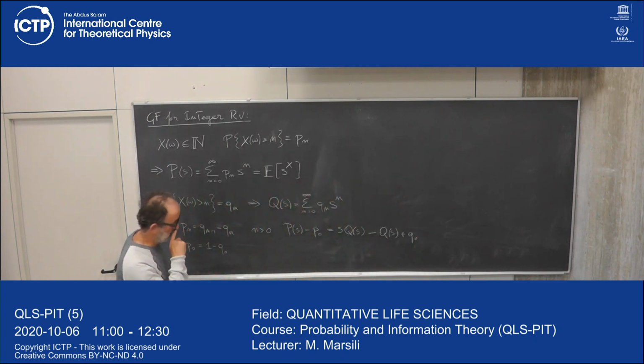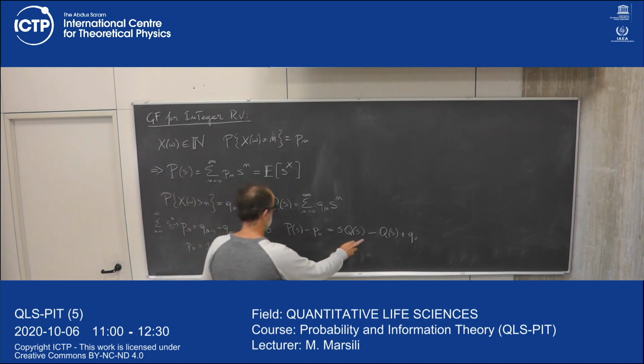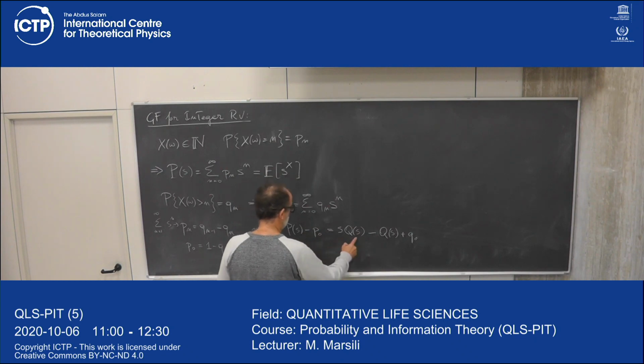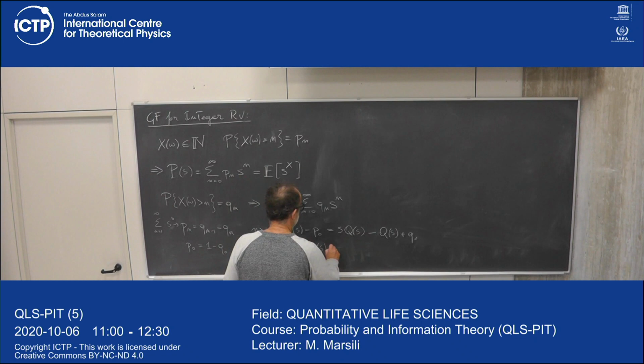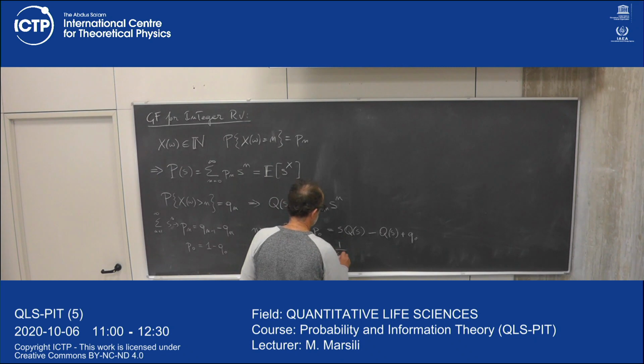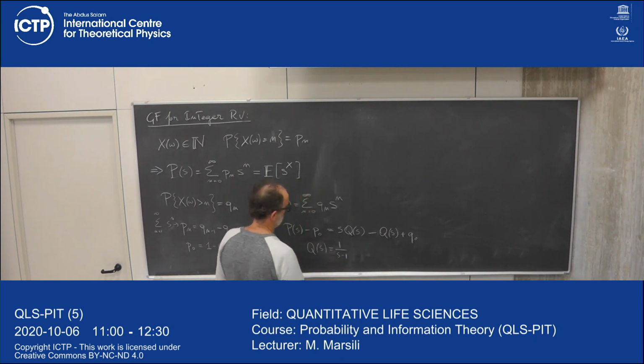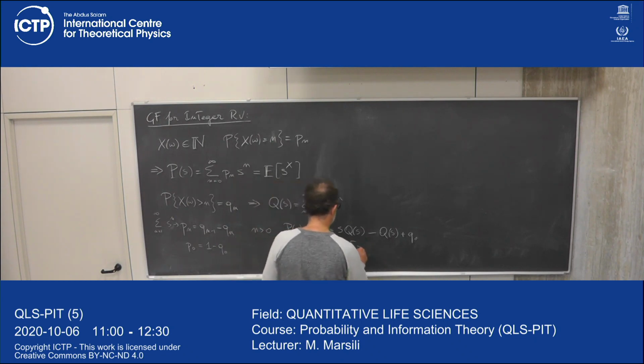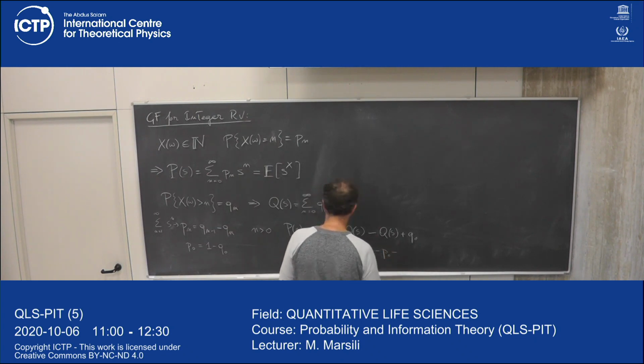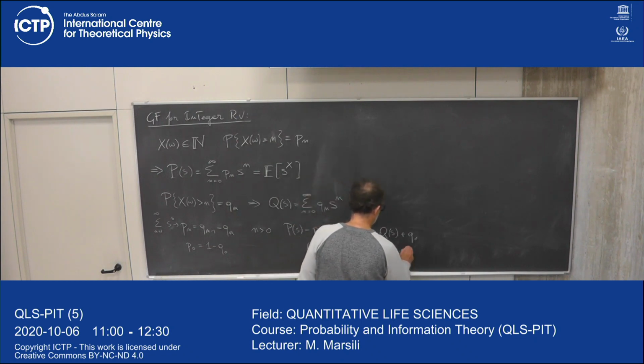Now you can rewrite this by saying that Q of s is equal to 1 over s minus 1 times P of s minus P0 minus Q0.